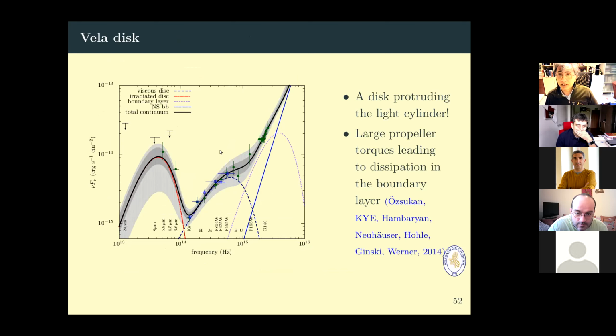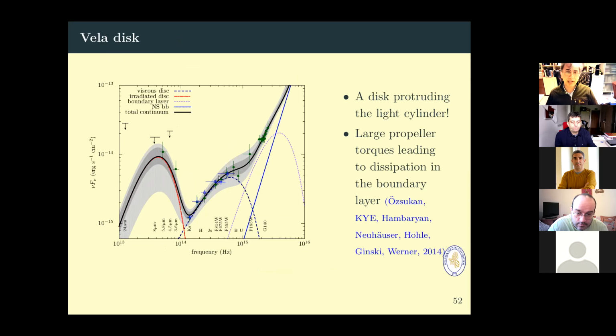So the disk is protruding the light cylinder in this case, and there are large propeller torques leading to the dissipation in the boundary layer at the innermost part. This gives the infrared, this gives the ultraviolet luminosity. And then there is this irradiated disk model, and the viscous disk can explain the optical part of the spectrum.